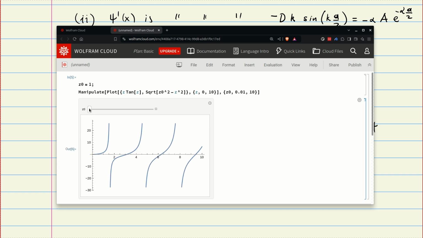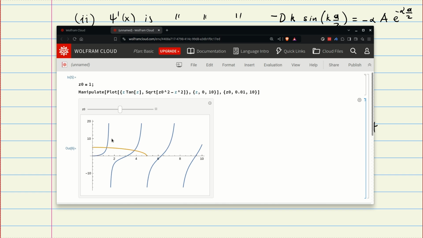Currently z naught is 0, but as I increase z naught, you can see this is not very nice. Maybe I can increase it a little bit and you can see the solution. Okay, something like this, right? So when z naught is very small, first of all, there is always a solution because this orange line and blue line seem to intersect.